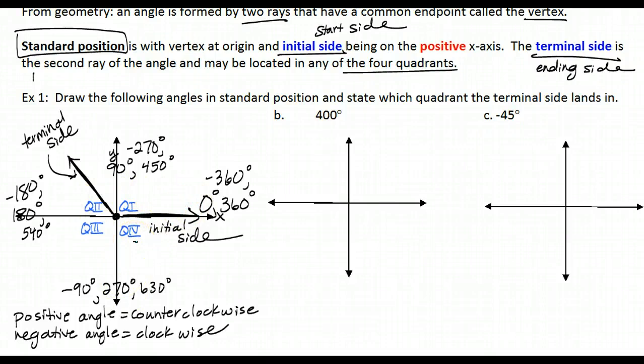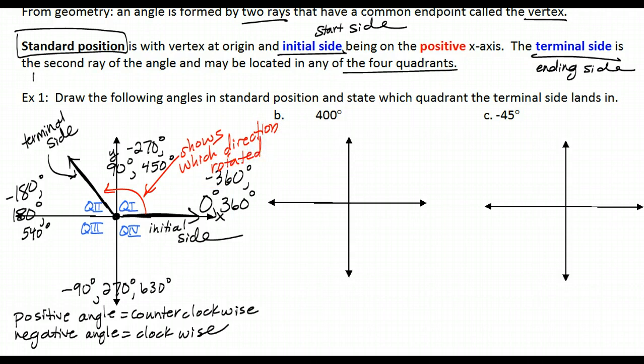You don't know right now if I rotated clockwise to get there or if I rotated counterclockwise to get there. So you always, when you're doing these, need to show a directional arrow that shows which direction I rotated. And you need to have that directional arrow when you're graphing these to get full credit.